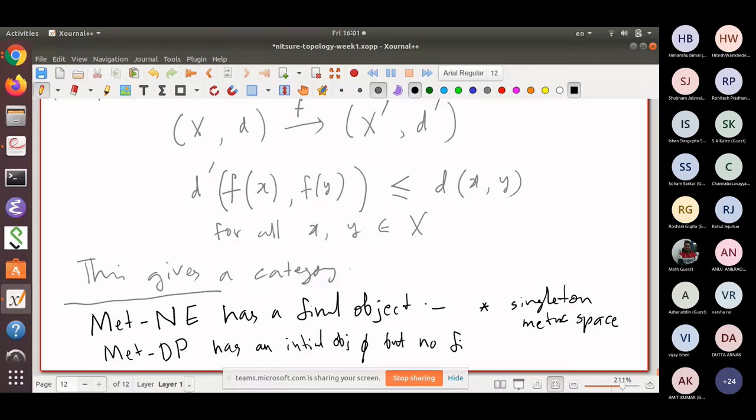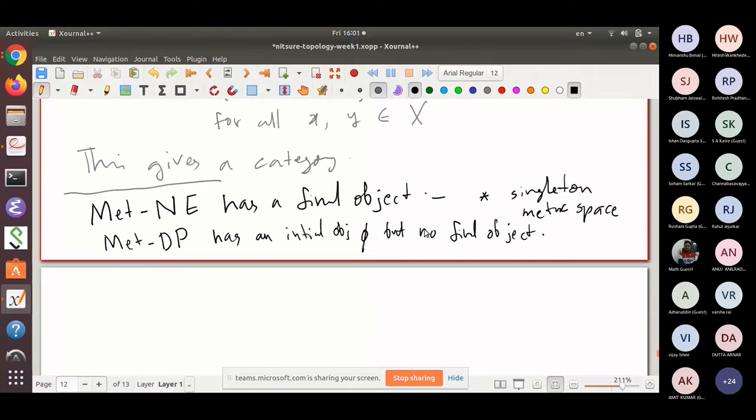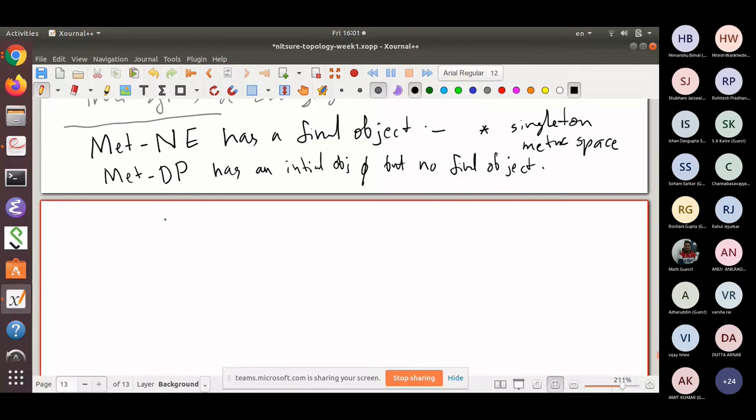So you will have to prove that it has no final object. How will you prove that it has no final object? So this is going to be an exercise.